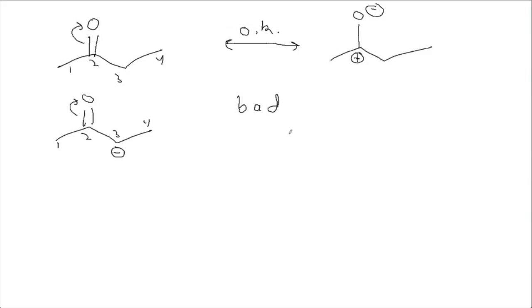Well, this picture here, it's not that this resonance is impossible. This is one of the resonance structures, but with 3 charges, it's extremely insignificant. So it would have almost no weight.